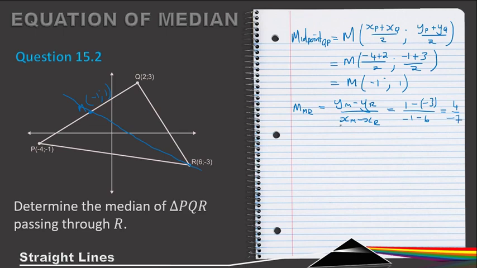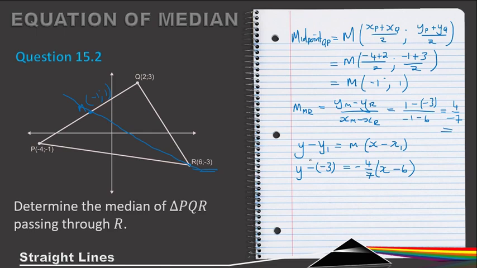Okay, now that we have that, we have this line y minus y1 equals m times x minus x1, and we substitute in this point and this gradient. So we have y minus negative 3 equal to the gradient, which is negative 4 over 7, and then x minus 6, which is this x value over here.